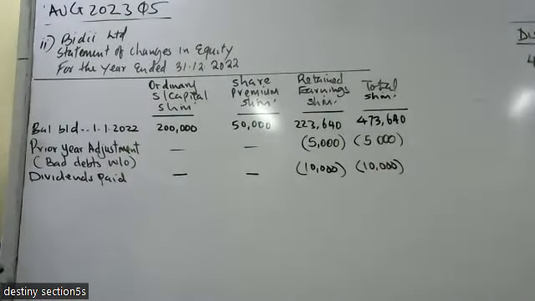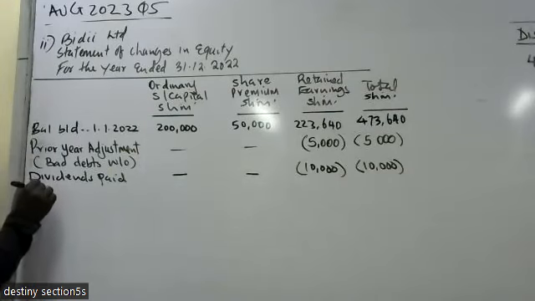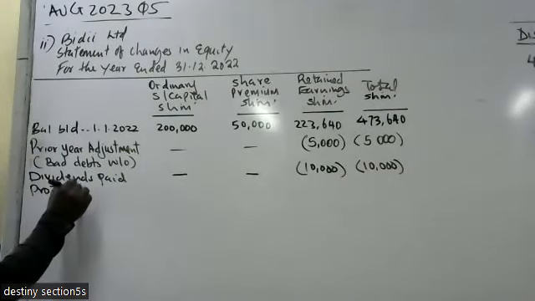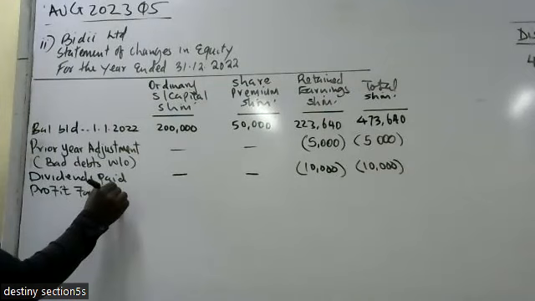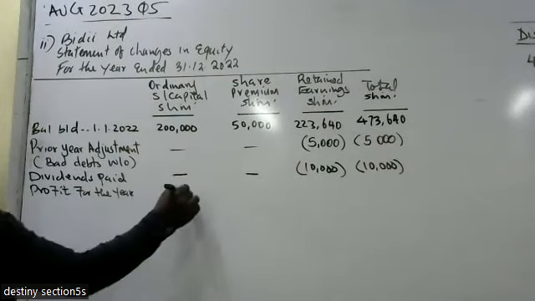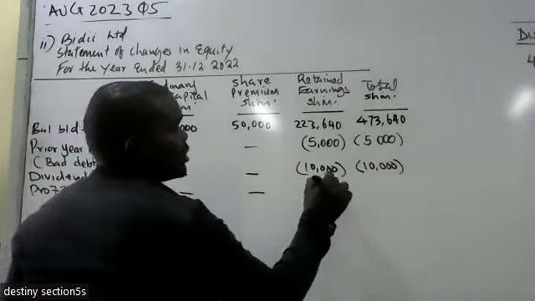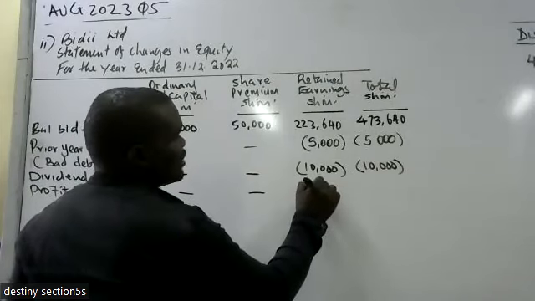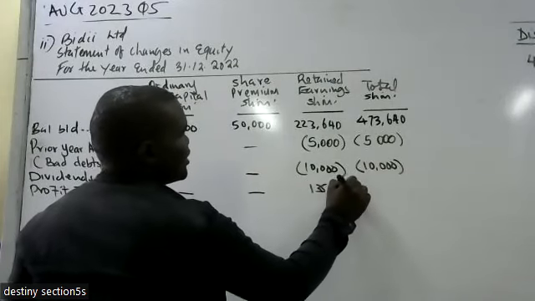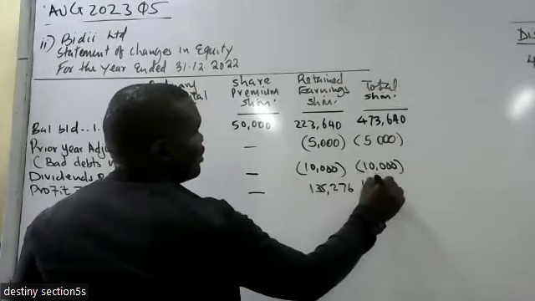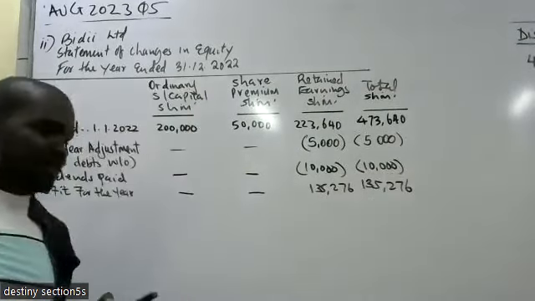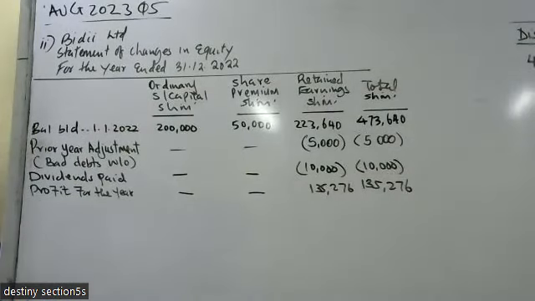Then there is profit for the year. For the year, you take to retained earnings. You have gotten 135,276. Check your P&L. From our P&L, that is the profit we have gotten.